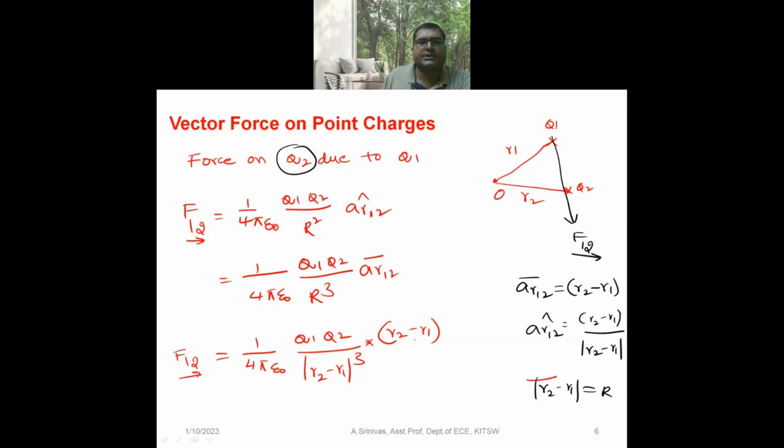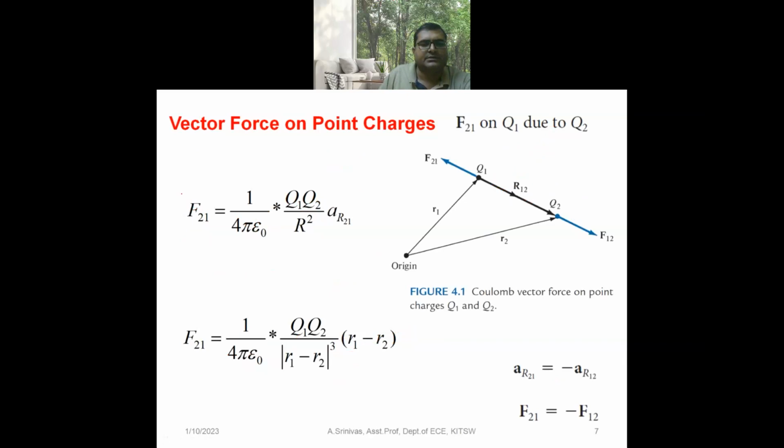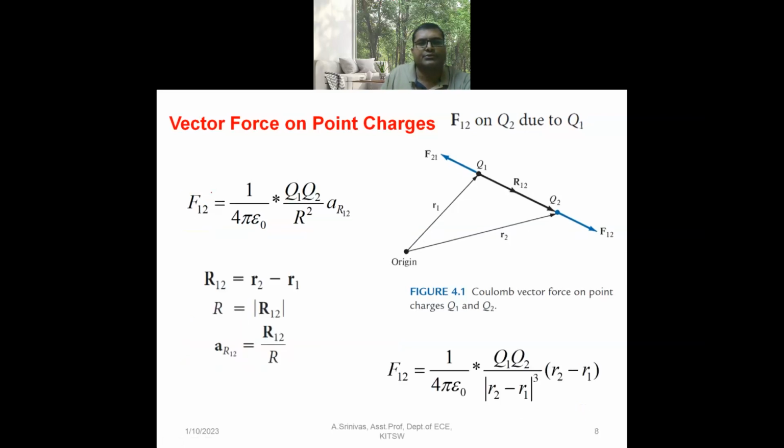In this fashion, you can determine the force on Q1 and the force on Q2. Refer to the formulas we just discussed for the force on Q1 and the force on Q2.